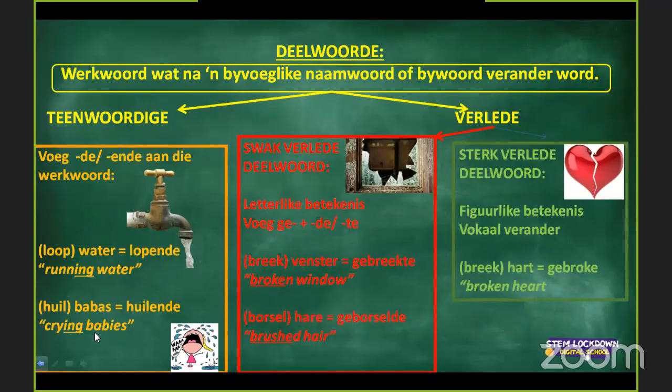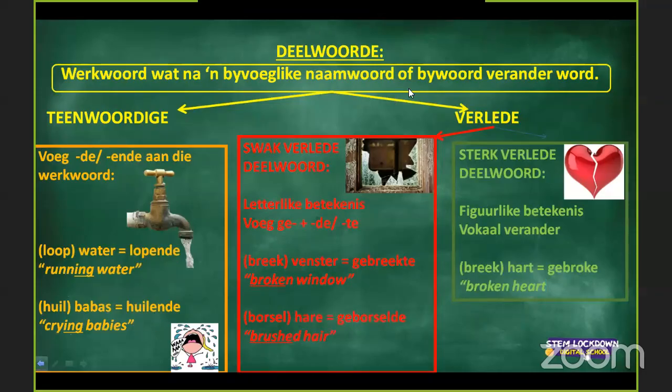As soon as the English translation has the ing added to the word, then you know you are busy with the teenwoordige. It's busy happening. The water is running. The baby is crying. Okay, that's why we add lopende, huilende.